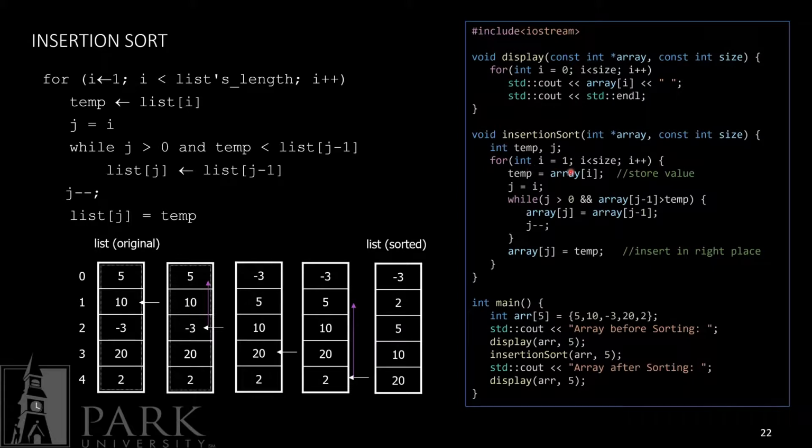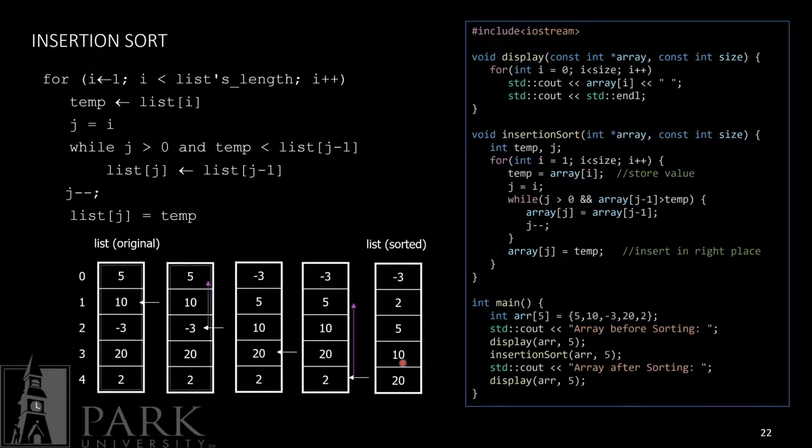So here, for i, which is 1, because if you remember our pseudocode, we started at the second element, while it's less than the size, which is equal to size minus 1, we're going to store this value, whatever we're pointing at with our index, our marker, in a temporary variable.